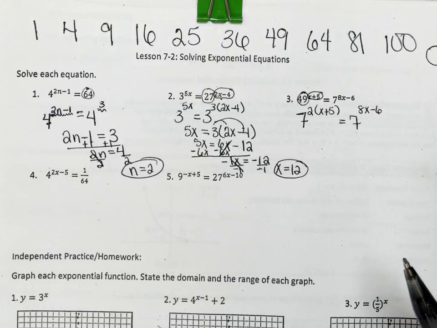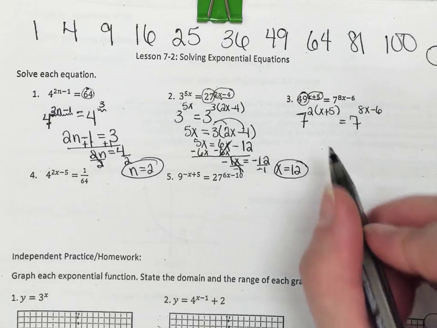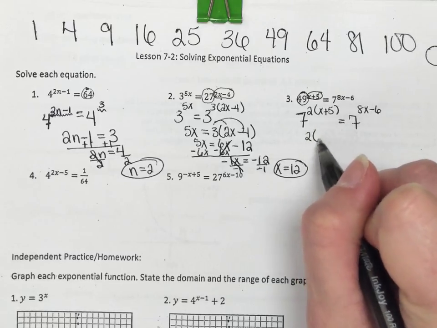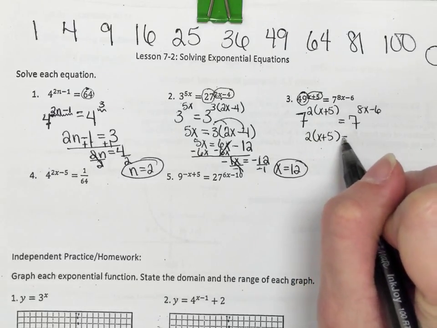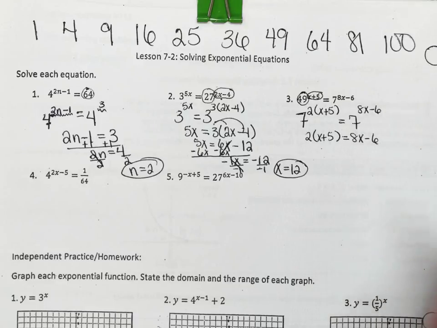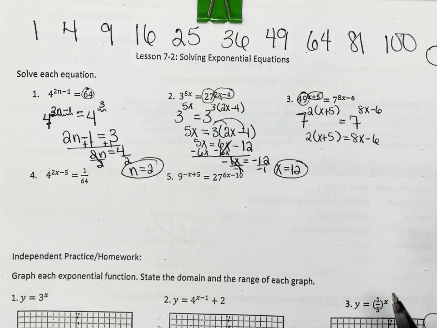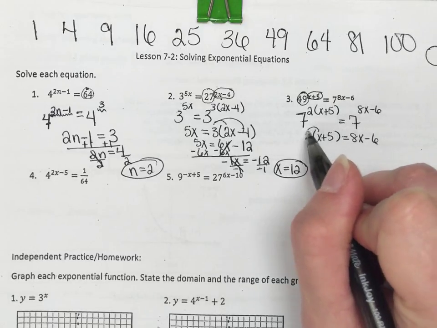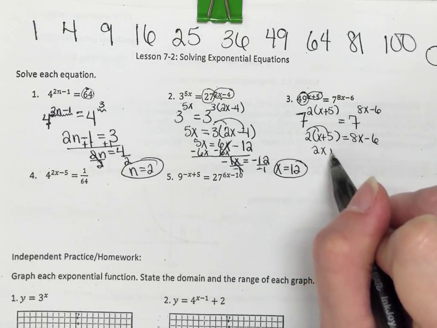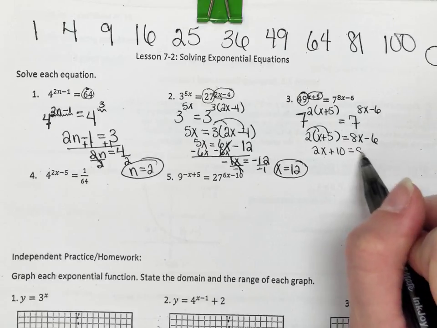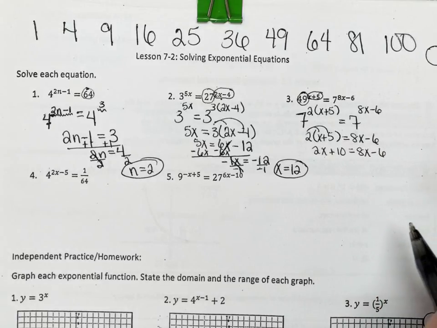All right, do they have the same base now? All right, so you set their exponents equal. 2 parentheses x plus 5 equals 8x minus 6. Okay, distribute the 2. So 2x plus 10 equals 8x minus 6.